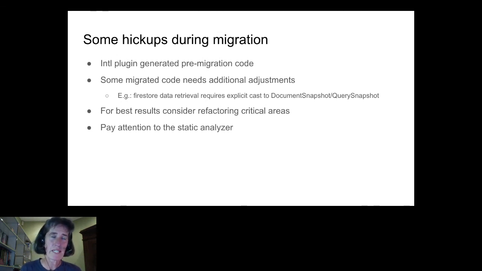In each step, the analyzer came up with a lot of new recommendations, and also found a few errors in the new code that had been generated by the migration tool. Most of these, like the missing cast in the Firestore data retrieval, were easy to figure out and easy to address, but you just need to pay attention to it.